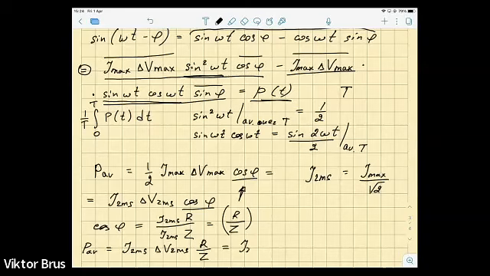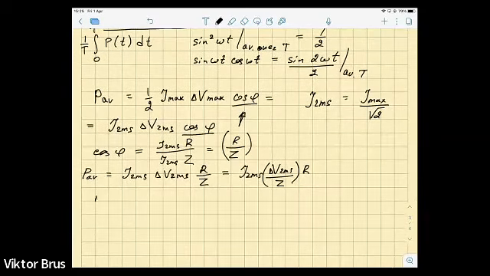It will be I RMS times delta V RMS divided by Z and times R. We know that delta V RMS divided by Z is equal to I RMS.